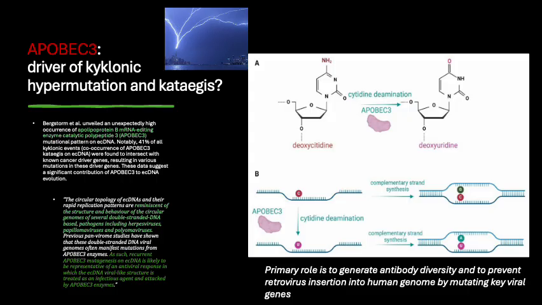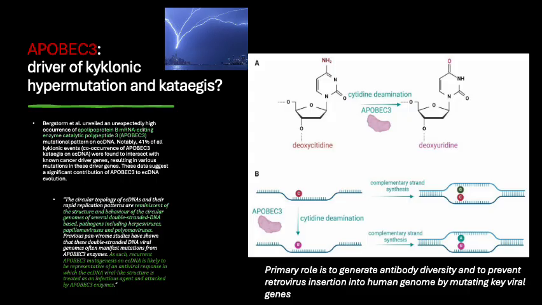The role of this actually is very interesting. In APOBEC3, normally, it generates antibody diversity because antibodies need to have multi-mutational events in order to kind of generate enough complexity to target every antigen that possibly could ever exist in a human body. And APOBEC3 also prevents retroviral insertion into the human genome. How does it do that?